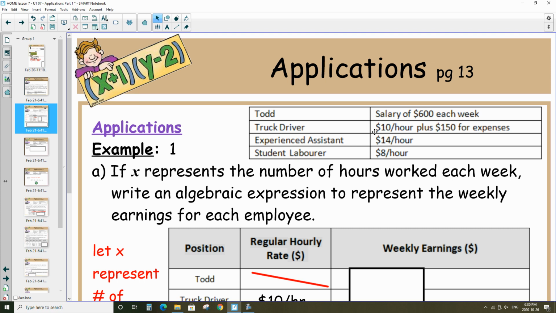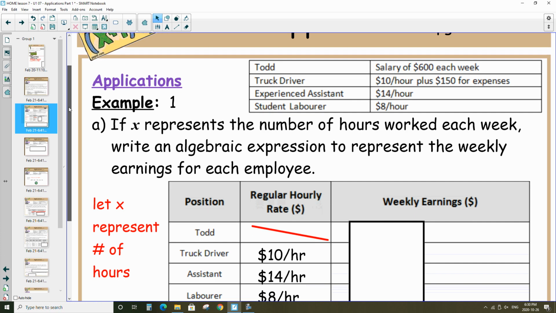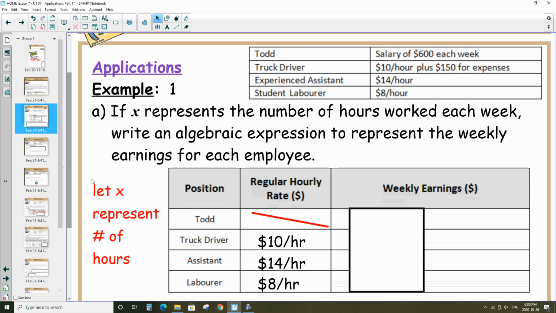Okay, so I have that information up here so we can refer to it as we're answering the questions. If X represents the number of hours worked each week, write an algebraic expression to represent the weekly earnings for each employee. So we've got another chart here. Todd, it doesn't matter how many hours he works, he is going to get paid $600 each week, no matter what, because that is his salary for the week. The truck driver will get paid $10 an hour plus $150 expenses.